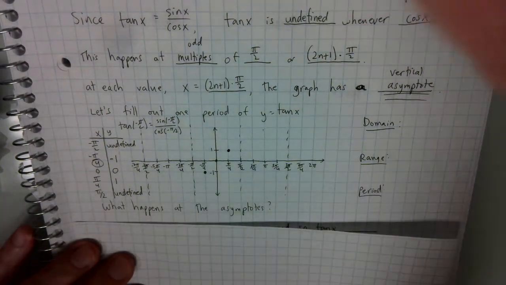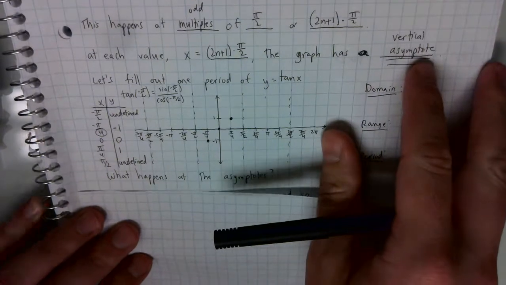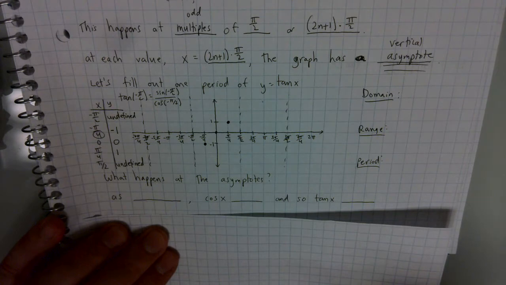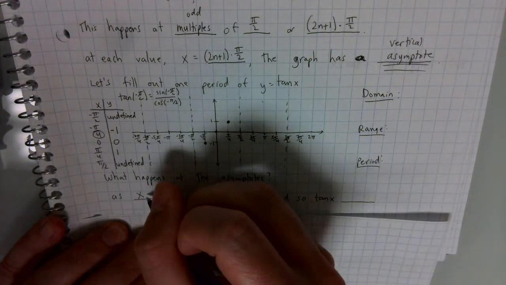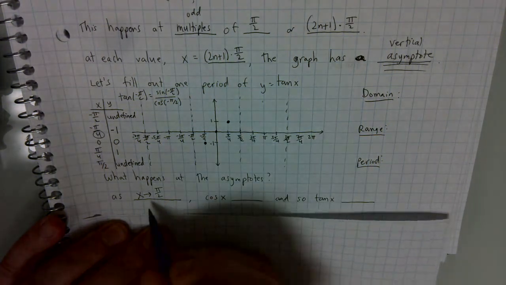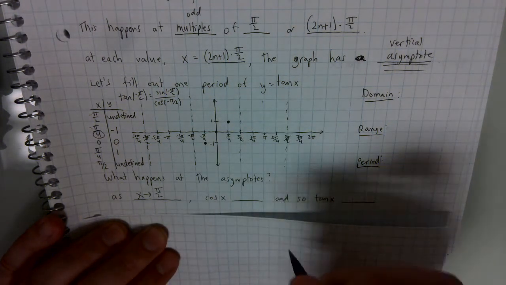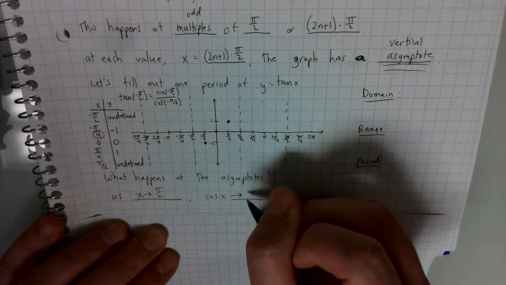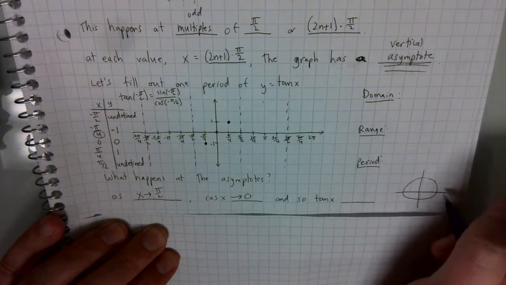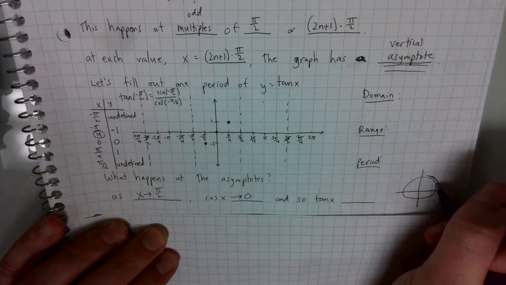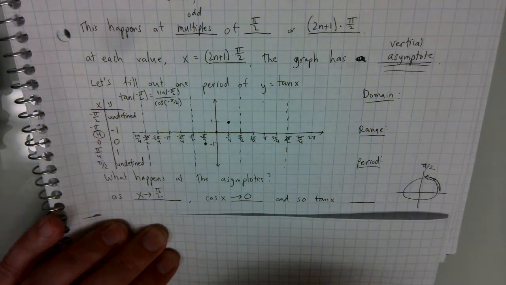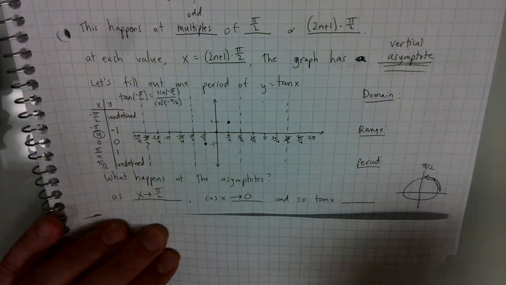So the question now is what's happening right around those asymptotes? We've got to think a little bit about what's actually going on. So what we can say is as x is approaching, or getting closer and closer to, pi over 2, then the cosine function is getting closer and closer to 0. Right? So we can picture the unit circle: as our angle gets closer and closer to pi over 2, the cosine function gets closer and closer to 0, because the x coordinate is getting closer and closer to 0.